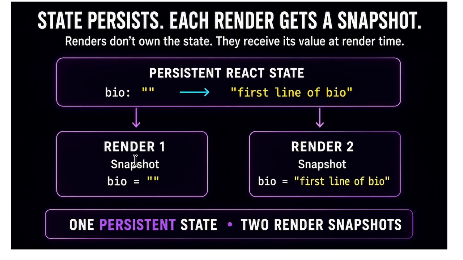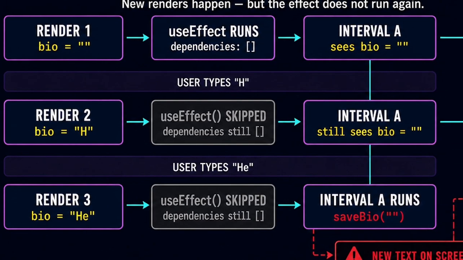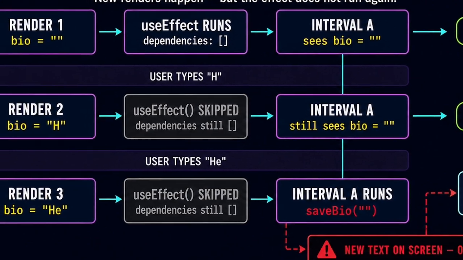Therefore, if we ask render one to execute the save after 5 seconds, it will still have this empty string. The render one useEffect runs, and interval A, which wakes up after 5 seconds, will be active and it will save that empty string to the database.